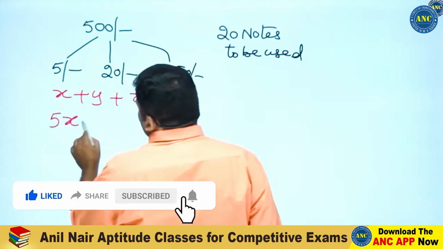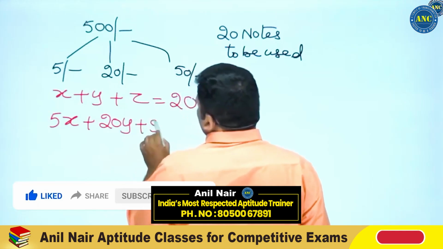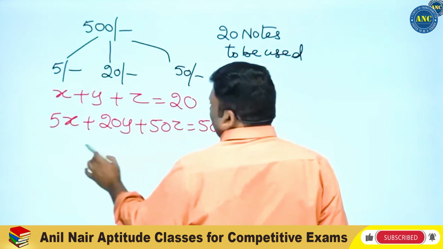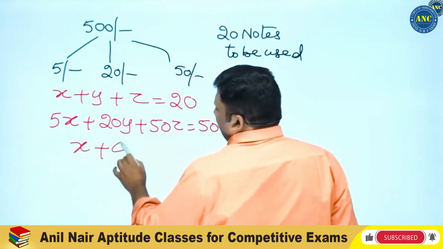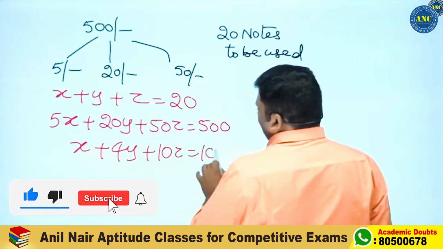Total money is 5x plus 20y plus 50z is 500. So this will become x plus 4y plus 10z equivalent to 100.